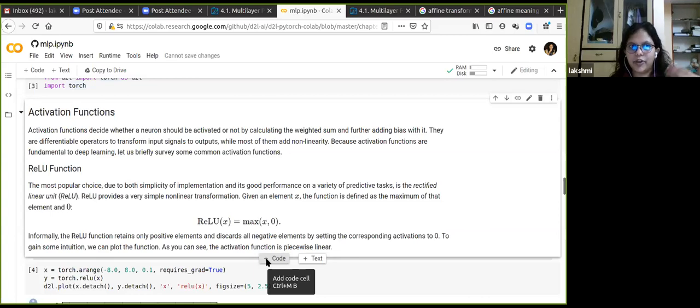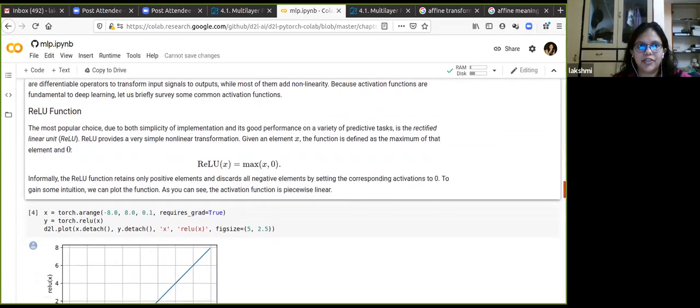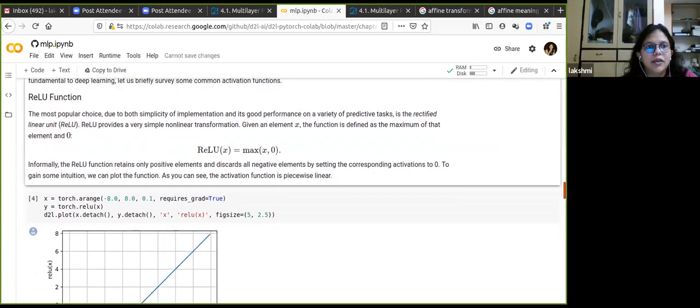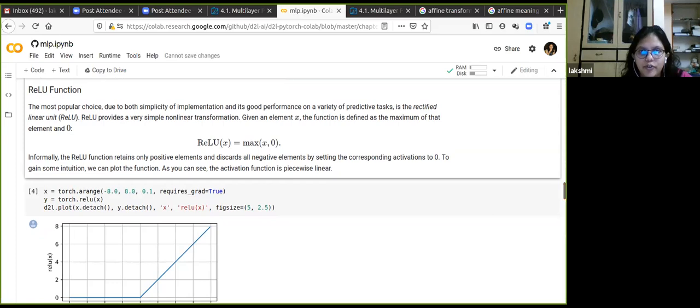Okay, now we are going to study more functions that are not affine. First is the ReLU function. The most popular choice, due to both simplicity of implementation and its good performance on a variety of predictive tasks, is the rectified linear unit. ReLU provides a very simple nonlinear transformation.